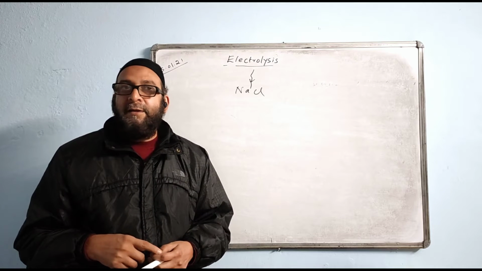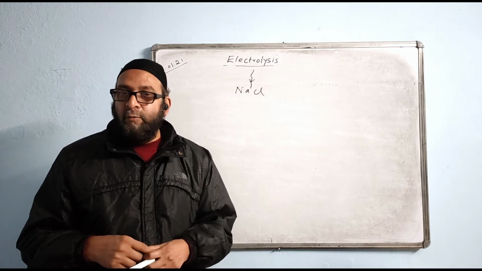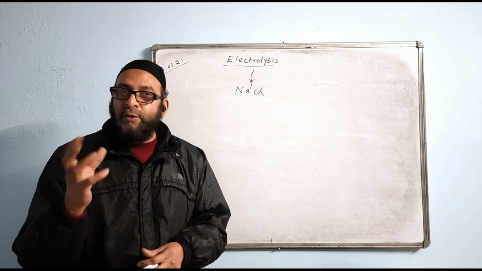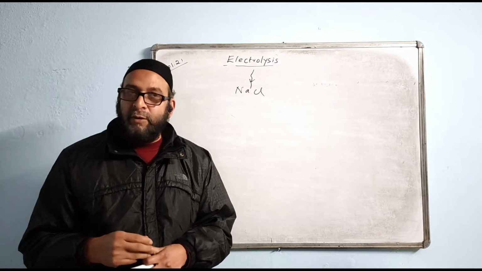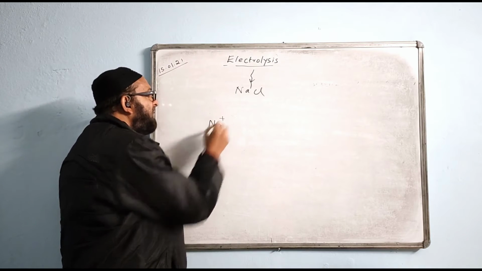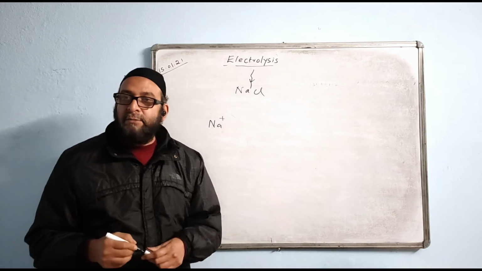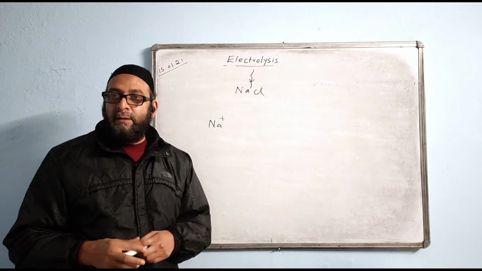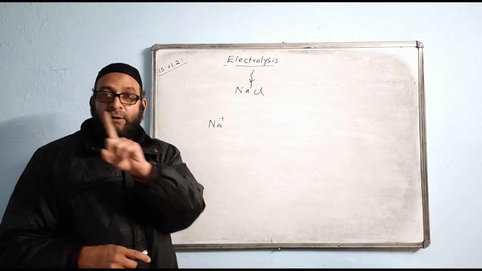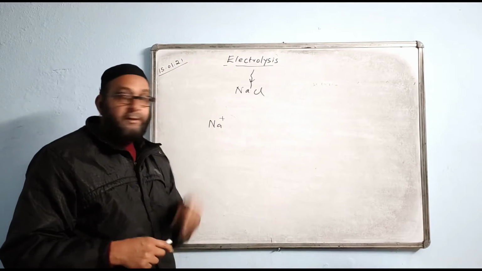Okay. If an atom is positively charged, or it contains a positive ion, what is the meaning of it? I say sodium. Sodium is positively charged, suppose it has one positive charge. What does it mean? It means there is a shortage, a deficiency, of one electron in it.